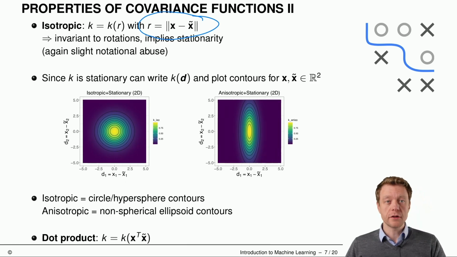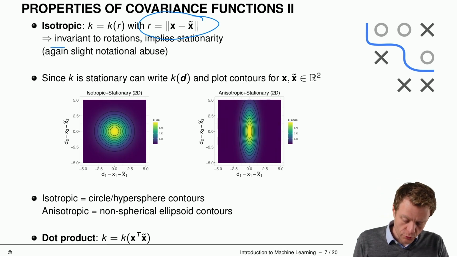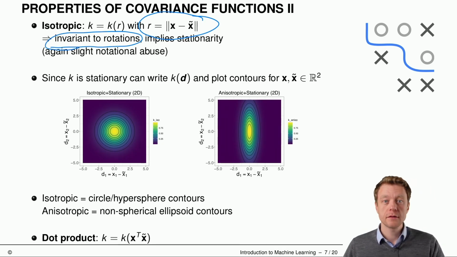This is notationally r, which reminds us of a radius of a circle, and we'll see later why that makes a little bit of sense. So if this is the case, then we have rotation invariance. Okay, so for stationary kernels we have translation invariance. For isotropic kernels we have rotation invariance.